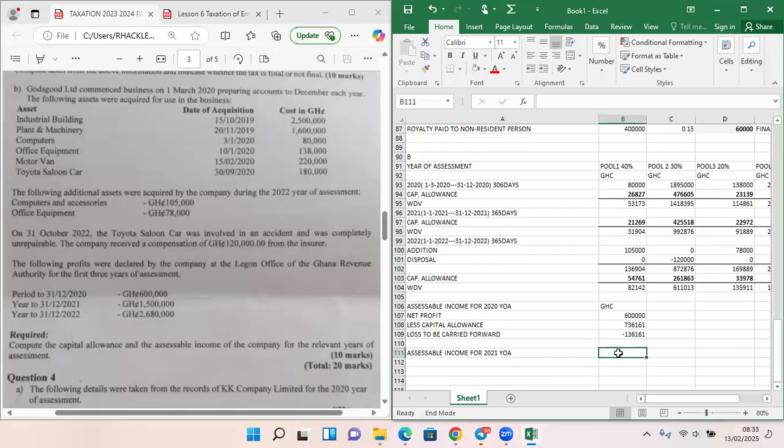This one by, we are going to less previous year loss. Less capital allowance.